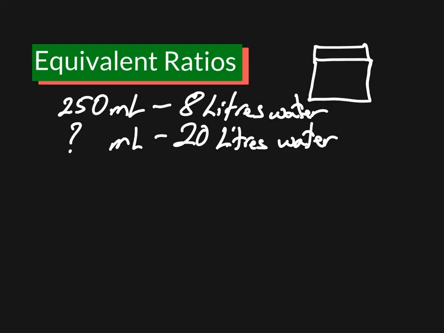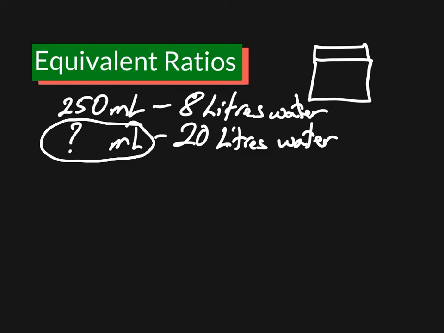Okay, now we can't actually set up a ratio here because with ratios the units have to be the same. In previous examples, we had either popcorn kernels or juice boxes, but the units were the same. So here we need either milliliters or liters, and since we're looking for an answer in milliliters, let's convert the liters to milliliters.